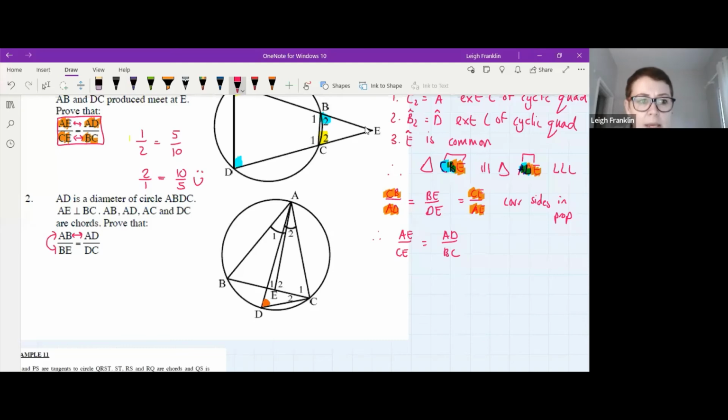Is ABE a triangle? ABE. Yes, it is. Yes, absolutely. Good. Okay, so ABE is a triangle. I'll try and highlight it here for you in pink very carefully. Okay. And is ADC a triangle?